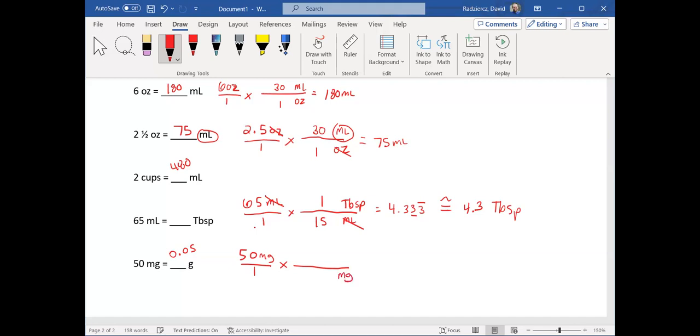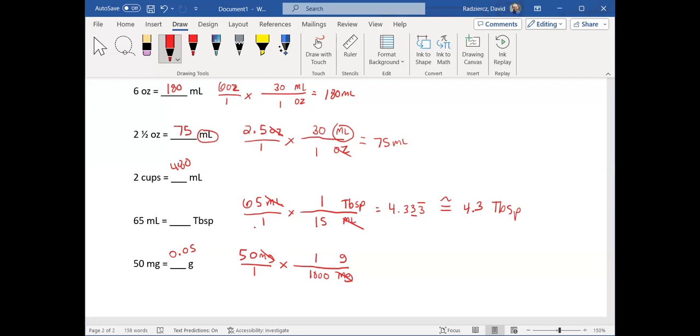If we're making a conversion using dimensional analysis, we have milligrams to grams. And now we just have to remember, what is the conversion between grams and milligrams? 1 gram is 1,000 milligrams. And I'll give you a heads up. It always seems to be 1,000. 1 milligram is 1,000 micrograms. 1 gram is 1,000 milligrams.